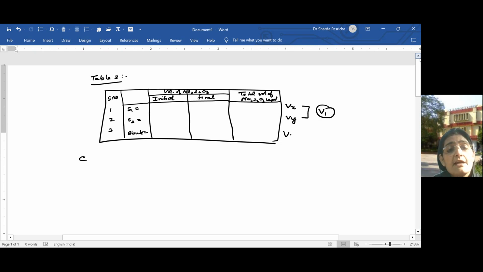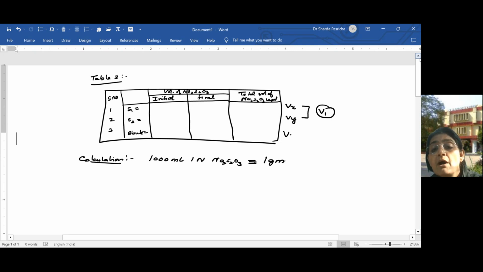Now, please understand how we are going to do the calculation and how we are going to determine how much aniline is there in solution. Now, 1000 ml of one normal sodium thiosulfate solution is equal to 1 gram equivalent of iodine. Please check the equation that I gave you, it is also equal to 1 gram equivalent of bromine, which I told you is equivalent to 1/6 moles of aniline.